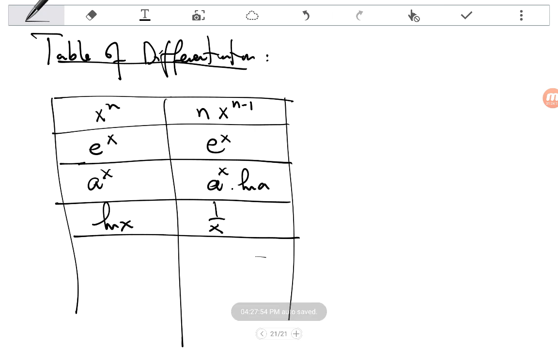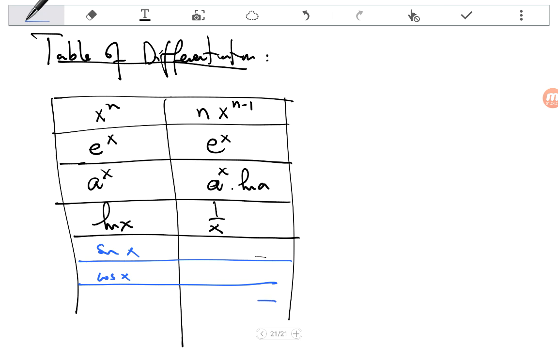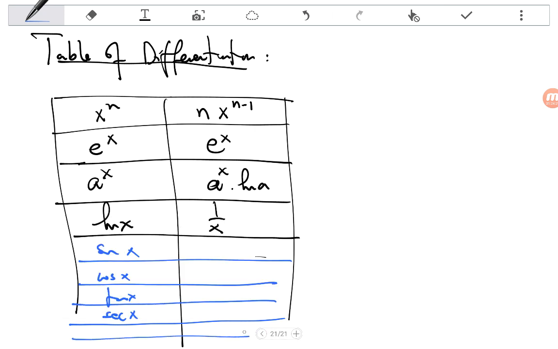Also we have the trigonometric functions: sine x, cosine x, tan x, sec x, cosec x and cotan x.